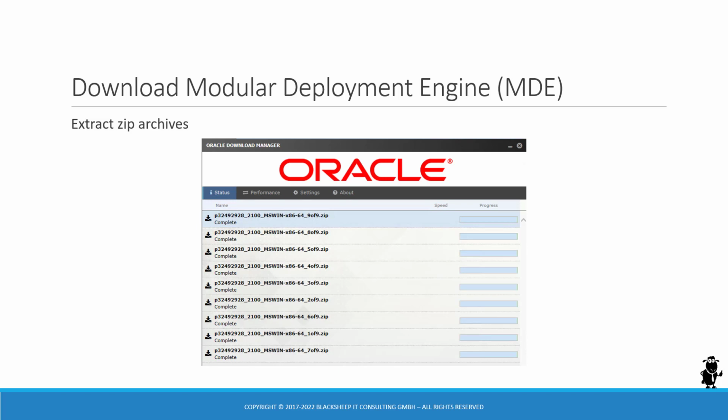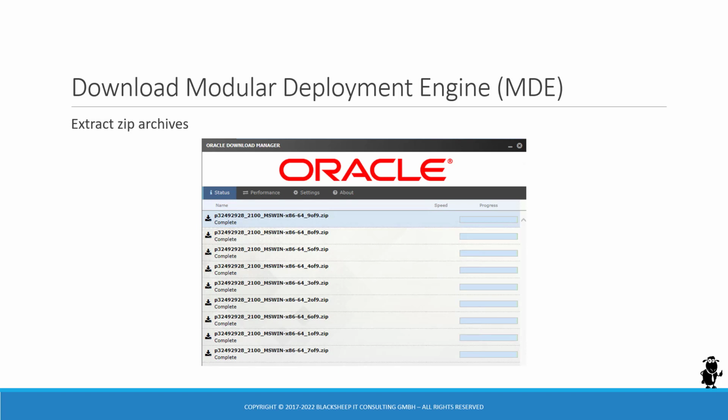So now we're getting closer to actually running the Siebel installers. With the modular deployment engine that arrived in early 2021, what you download from Oracle support is a set of zip files. Depending on the version and the operating system, you have a different number of zip files.